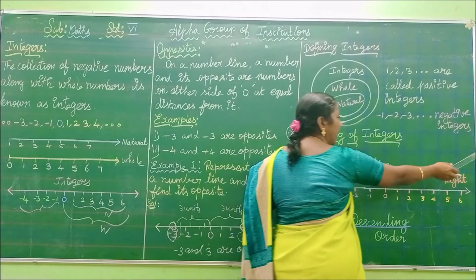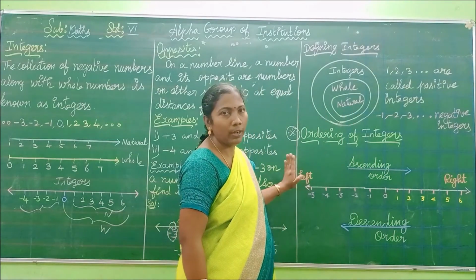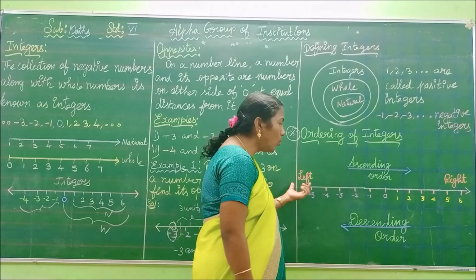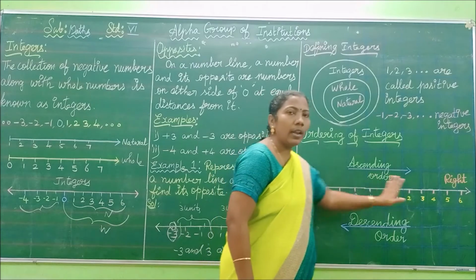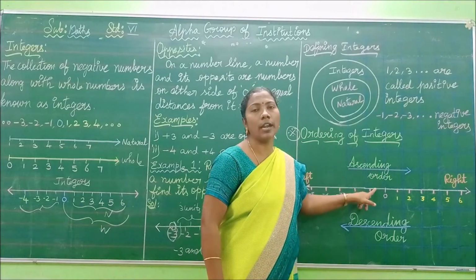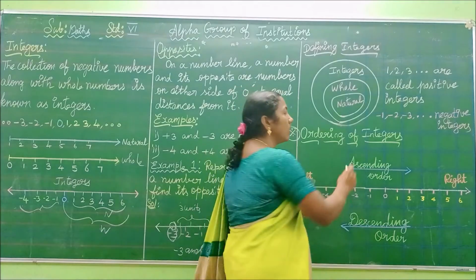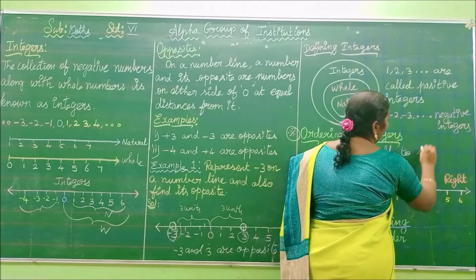While we move from left to right in the number line, you can easily observe the ascending order. What is meant by ascending order? Small to big. Do you understand, children, what I am saying?